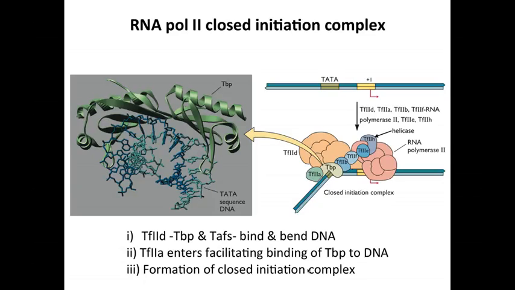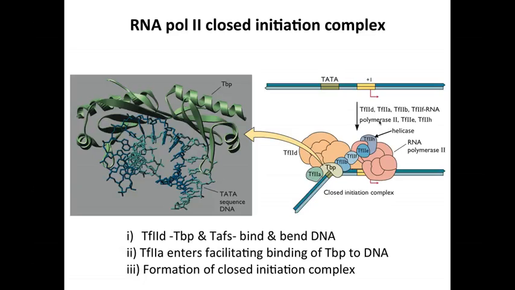Let's take a closer look at the closed initiation complex that is formed on a DNA template. Again, we're looking at a diagram of the DNA template with the TATA box and the initiator sequence that forms the core promoter. And you can see a number of these transcription factors. It's unfortunate that they're called factors because they are proteins, after all, but the name has stuck since the early days when they were first discovered.